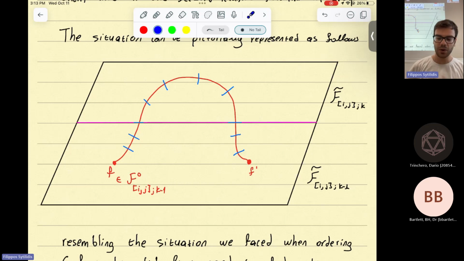This is a path of those in this space f tilde. And when we cross this pink line, it means that we've introduced an extra critical point of index i. This is going from at most k minus 1 critical points of index i, to at most k critical points of index i.